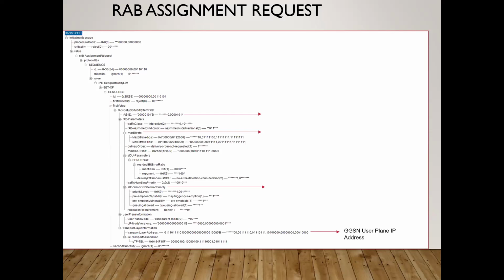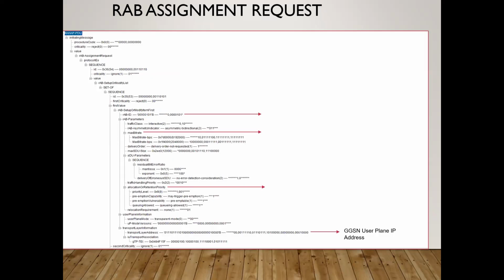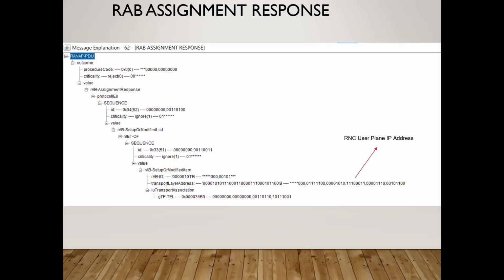So this is the tunneling ID that is sent by the SGSN, saying that I'll be communicating on this tunneling ID. And the RNC will send its own GTP tunneling ID. So a tunnel is also created between RNC and SGSN, and between RNC and GGSN as well. So the user plane traffic can communicate on this tunnel.